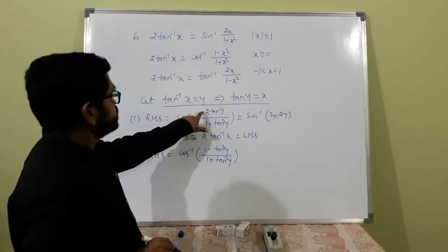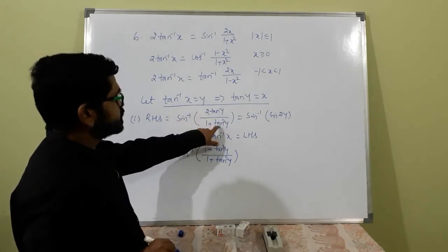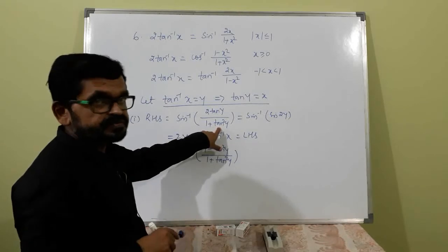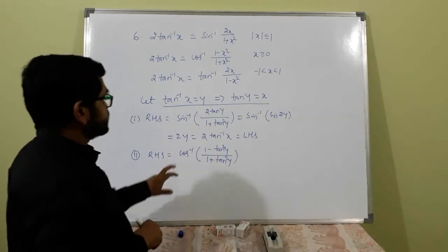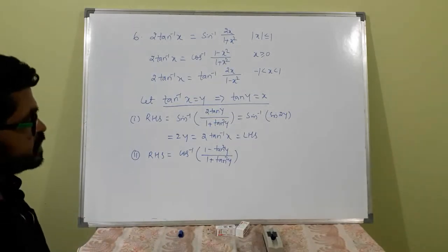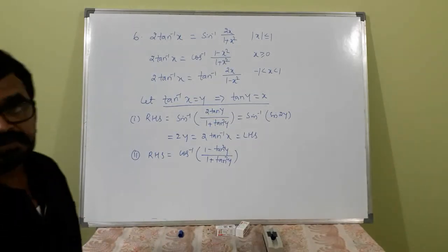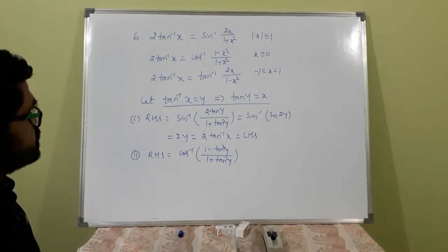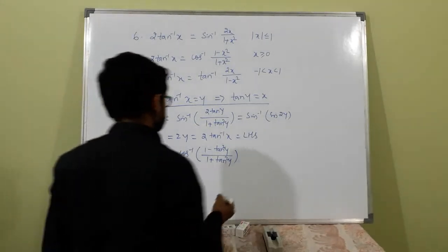So 2 tan y divided by 1 plus tan squared y is sin 2y. The different forms of cos 2 theta: cos squared theta minus sin squared theta, 2 cos squared theta minus 1, 1 minus 2 sin squared theta, and this is (1 minus tan squared theta) divided by (1 plus tan squared theta) form.